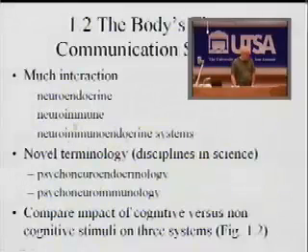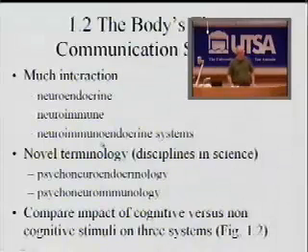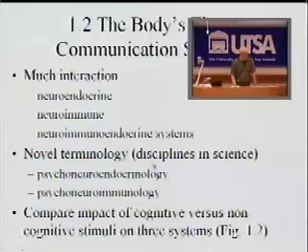We won't deal with the neuroimmuno part in this course, except just little tidbits here and there as we go along through the semester. But there are novel terminologies and disciplines in science that are emerging and quite well established now, like psychoneuroendocrinology or psychoneuroimmunology.